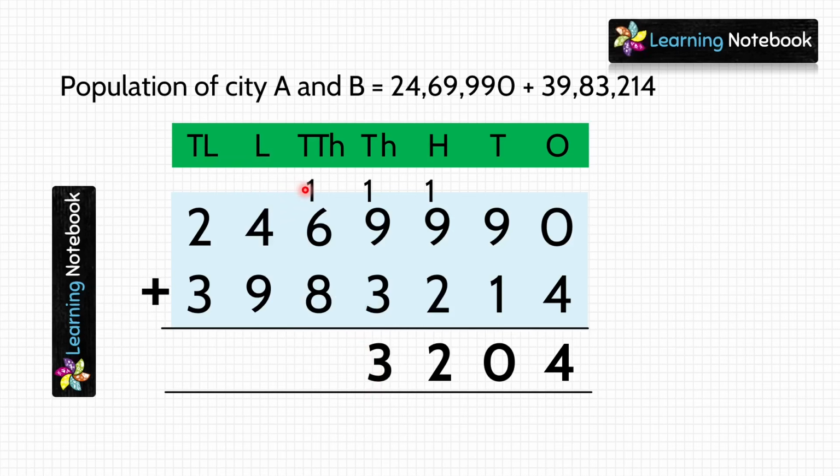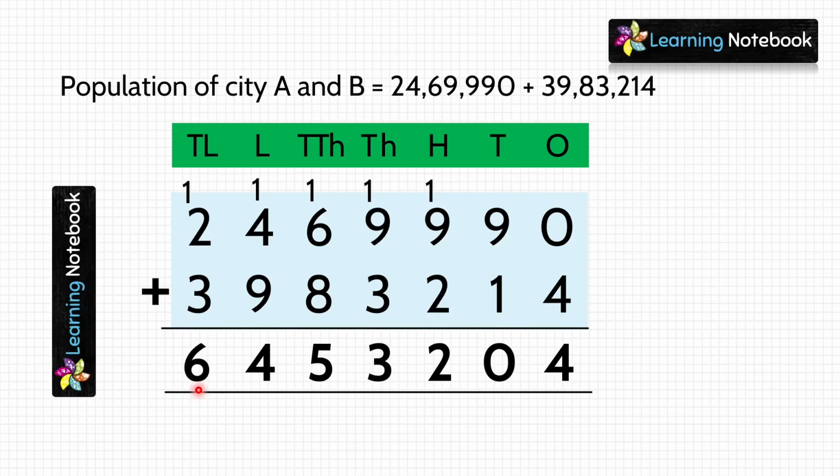Next, 1 plus 6 equals 7 and 7 plus 8 equals 15. So carry 1 and write 5 in the answer. Next, 1 plus 4 equals 5 and 5 plus 9 equals 14. So again carry 1 and write 4 in the answer. And in the last we will do 1 plus 2 equals 3 and 3 plus 3 equals 6.